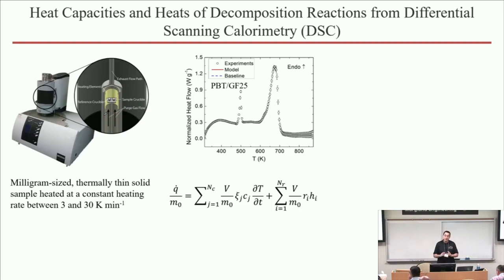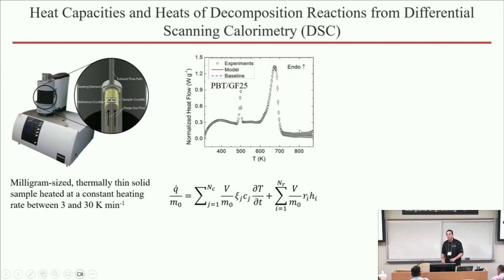But provided that it's done right, you can extract information about the heat flow into the sample, like is shown here. That includes information about both the sensible and latent heat, right? So what is shown on the right is the amount of heat that is required first to heat up the sample at a constant heating rate, then melt the sample, and then subsequently decompose the sample.